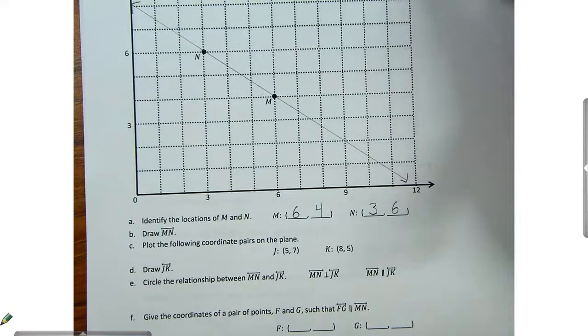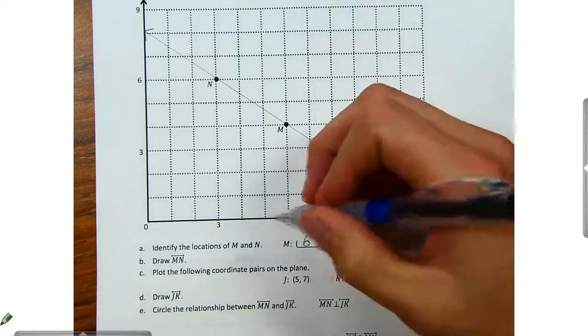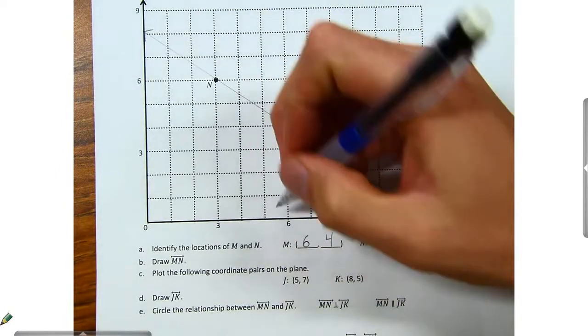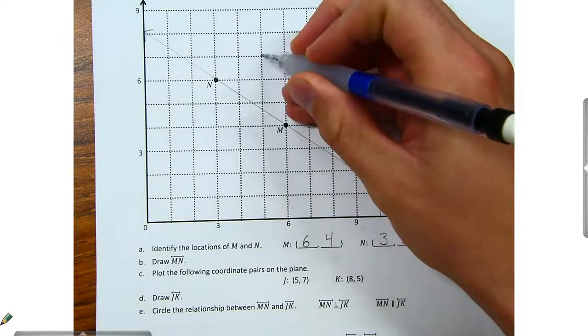And now it's asking us to plot the following coordinate pairs in the plane. So we have J, which is 5, 7. And 6, 1 before 6 here is 5. Here's 7.